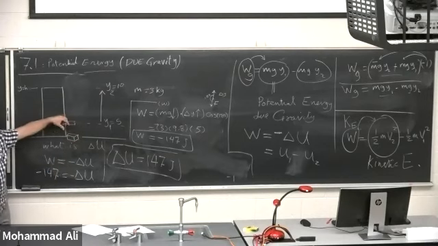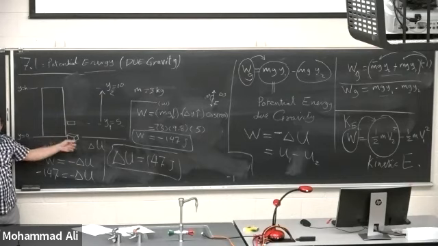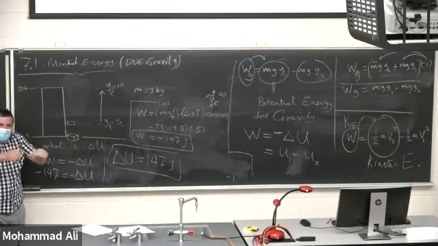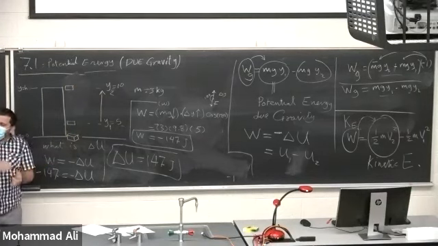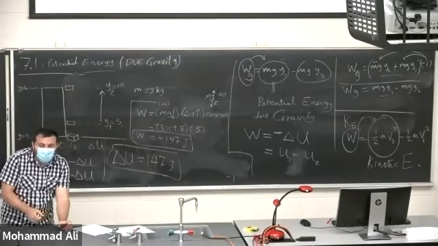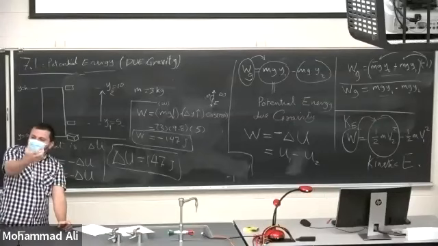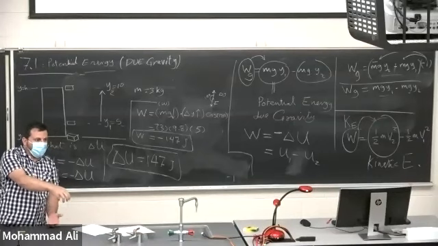If we drop this mass from 5 meters on this block, it will not smash it. But if we drop it from here, it will smash it. Or another example, if we put a glass and drop a stone on it from this height, it will not break it, right?